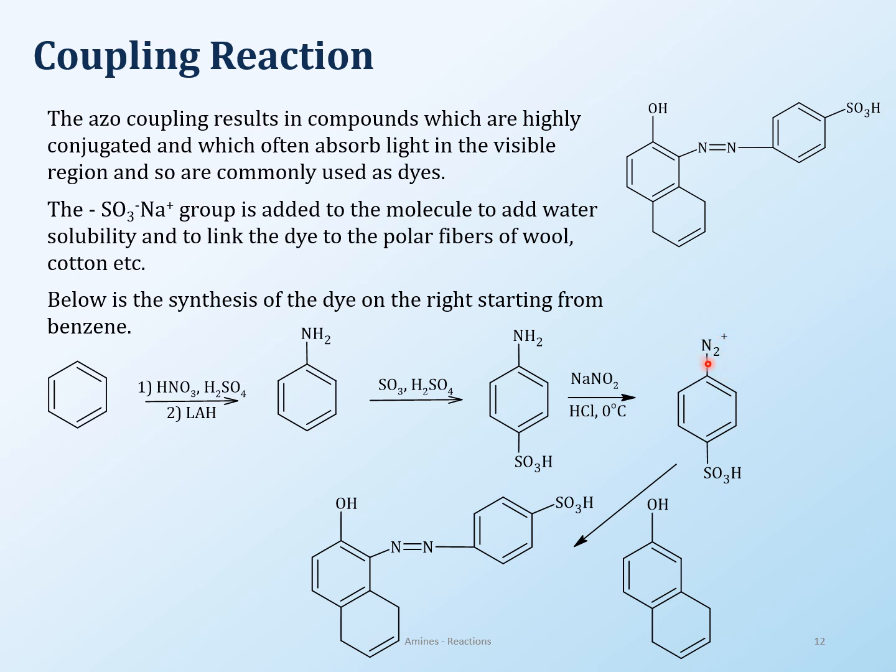Once you have the diazonium salt, then you can add this group. Again, this has to be an activated ring. And so once you add over here, you end up getting the coupling reaction going on at the ortho position. There is no para position, so only at the ortho position you will get the coupling. So it's a very common kind of synthesis that you can do for dyes, for diazonium salts.